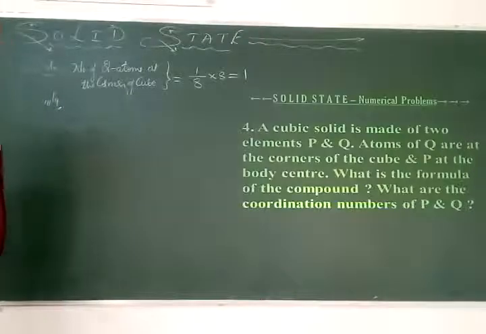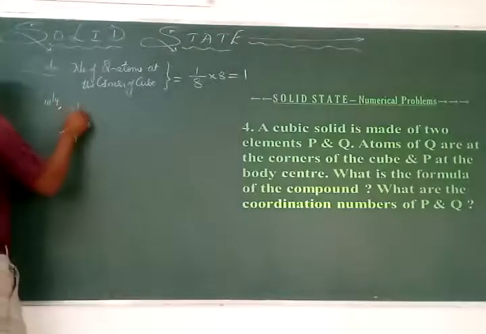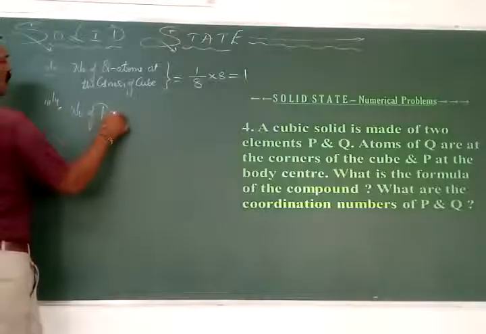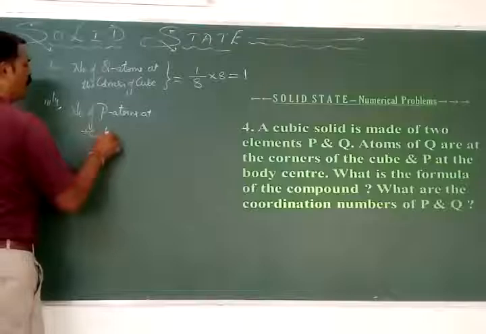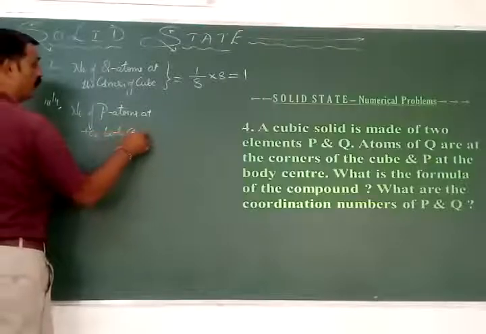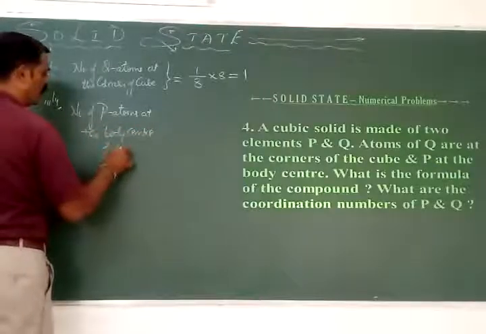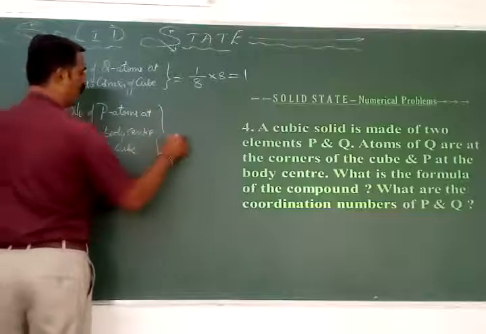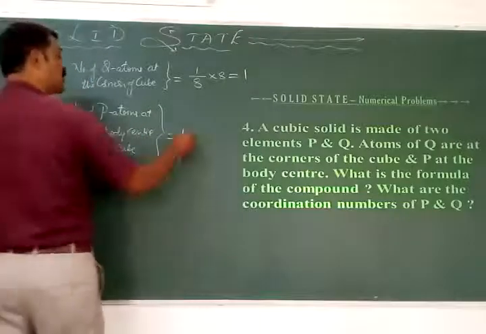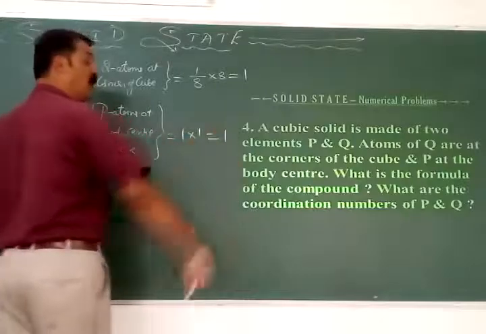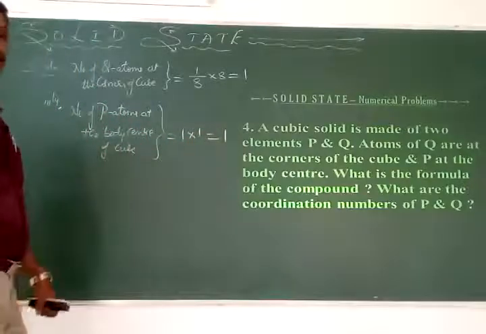Similarly, P are at the body center. Number of P atoms at the body center of the cube. Body center contribution is 1, into how many body centered particles are there? Actually 1, because it is exactly in the center.